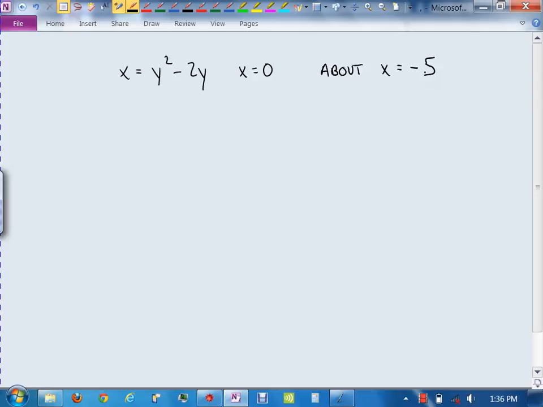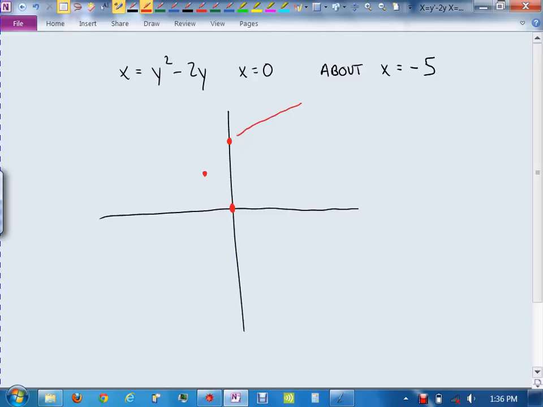So I have to do a different graph here, don't I? My graph is going to be, let's plug in some values. If I plug in 0 for y, I get 0 for x. If I plug in 2 for y, I get 0 for x. If I plug in 1 for y, I get negative 1. So it's basically that same parabola flipped over, isn't it?